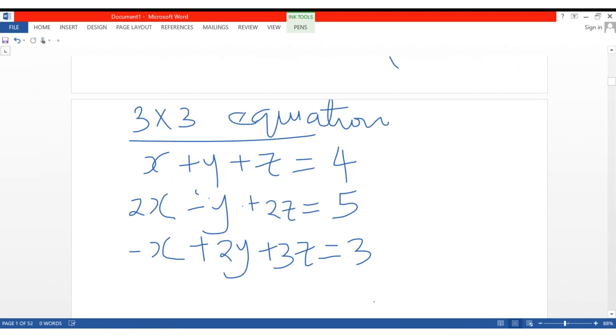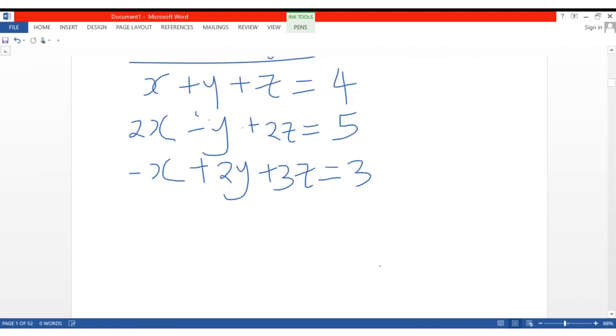So what I need to do first of all is to form a matrix of equations. I'll just take the coefficients again. We have 3 equations. So I take the coefficients of the first equation, that is 1, 1, 1, then 2, negative 1, 2, then negative 1, 2, 3.